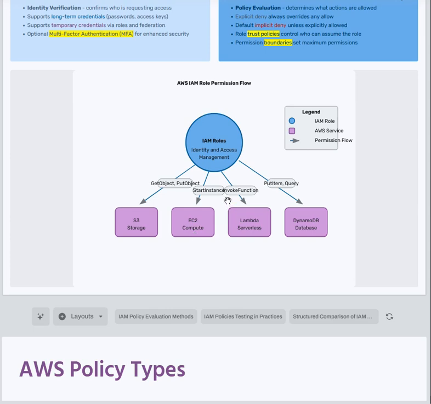Lambda invoke function: in Lambda, serverless, you can invoke a function. DynamoDB database: put item, query item. So if one of them is assigned to this role, these are the actions permitted in this role, right?